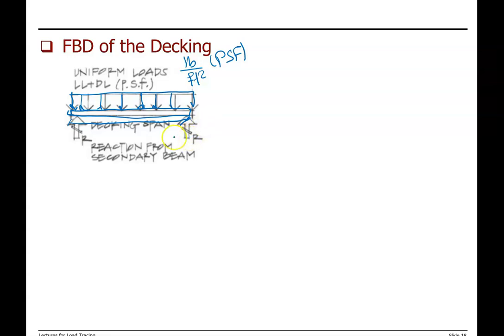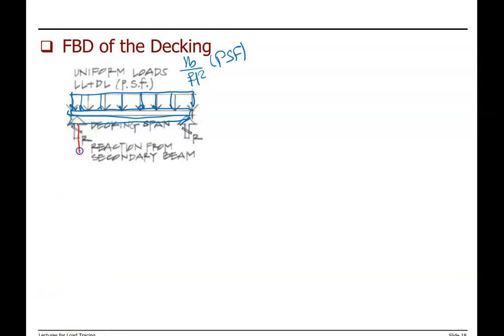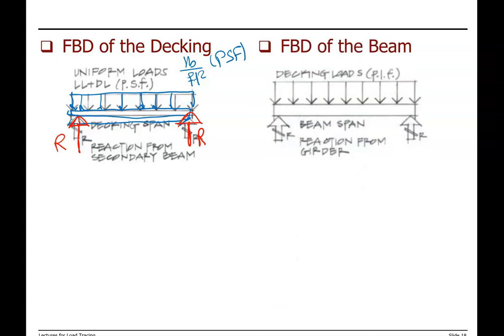We calculate the reactions. As we talked about earlier, the reactions are the forces or loads transferred to the supporting member.